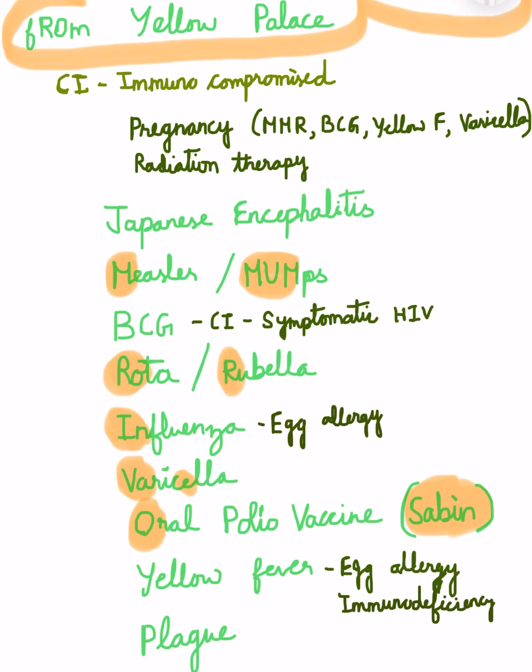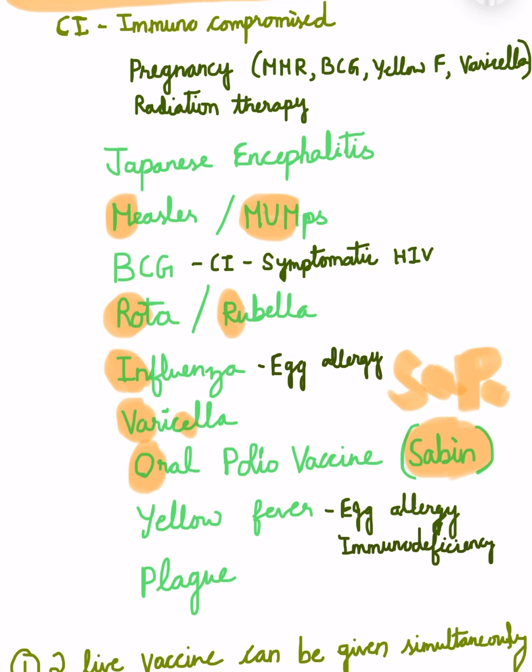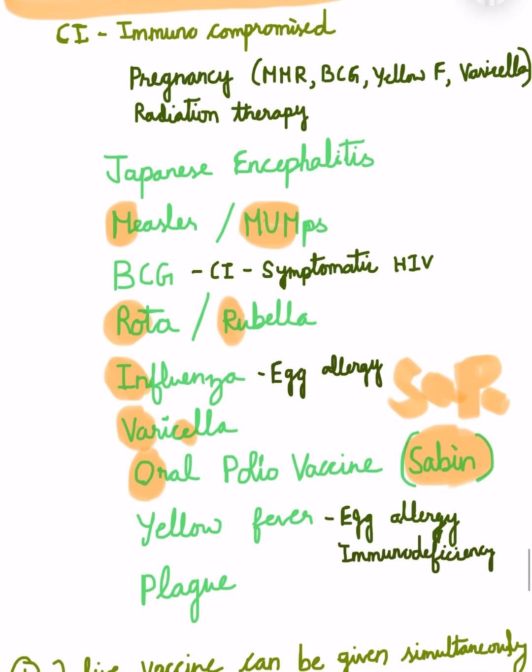In Tamil, we say food as sapadu, which is taken orally. So oral polio vaccine is sapadu, which is remembered as Sabin vaccine. And yellow palace, here yellow stands for yellow fever and palace stands for plague. These are the live vaccines.